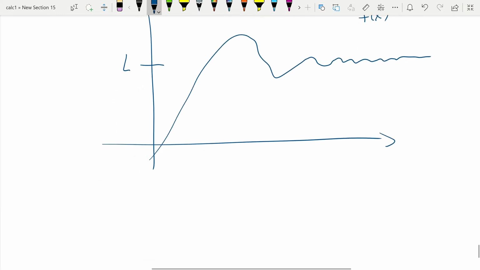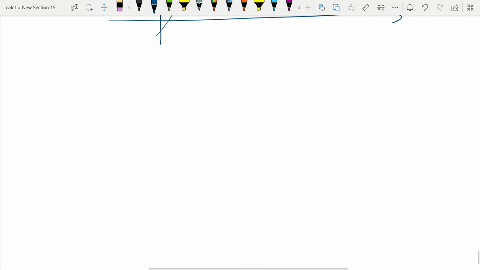And now, a function first of all need not have a limit at infinity.